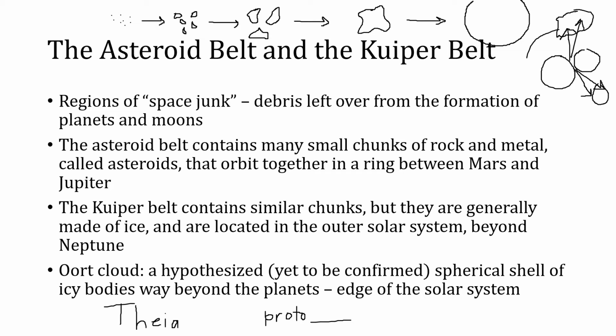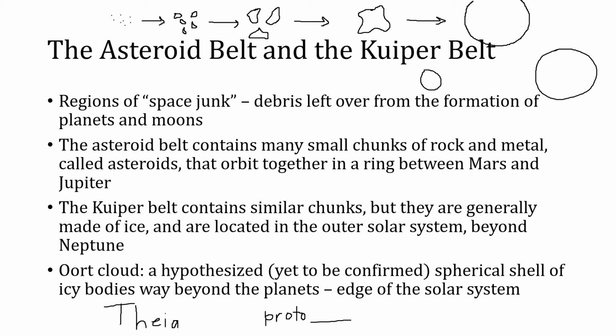Basically you end up with a ring of space junk kind of going around, and that all combined to form the moon. So the end picture of this is a larger Earth because it's absorbed that protoplanet, and then you've got the moon out here orbiting the Earth.